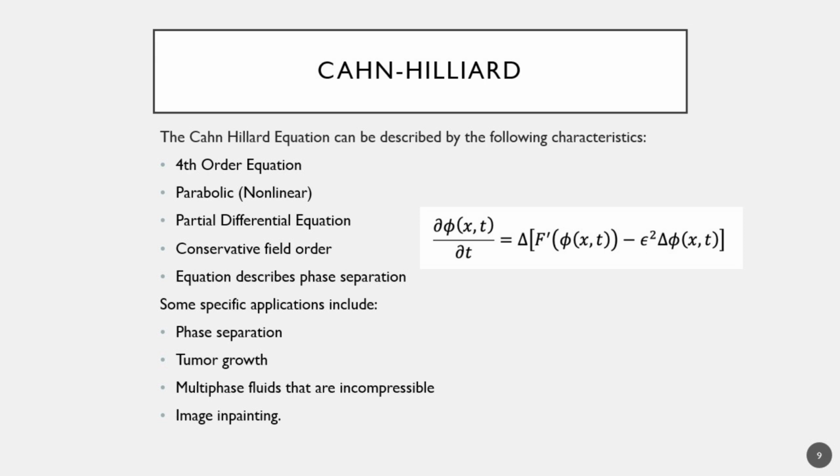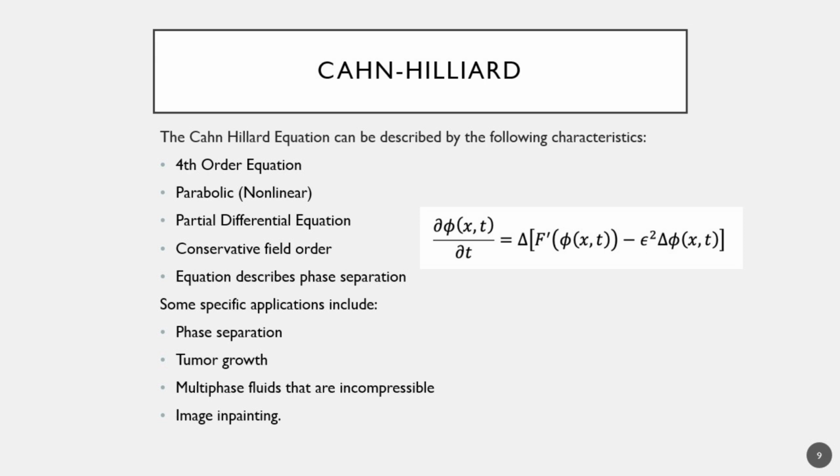However, the Kahn-Hillard equation is conservative when describing its field order. Off to the side, we can see the Kahn-Hillard equation, once again written to describe a particular phase separation scenario. The Kahn-Hillard equation can be used for other specific applications, which include phase separation, tumor growth, multi-phase fluids, which are defined to be incompressible, and image inpainting.